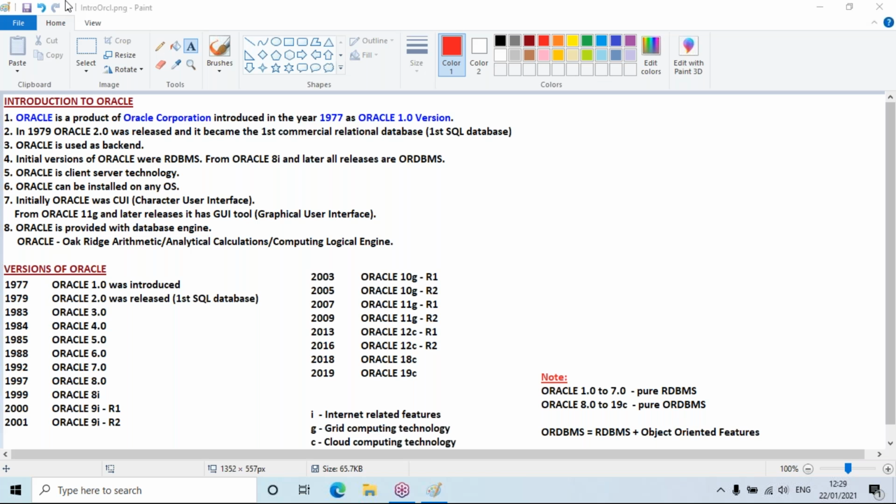All those things we will be discussing. As I already said about release and version, I'll get back to you. It's not yet over. We are going to study about them as well. So first we will make a list here of topics that are introduced in Oracle.